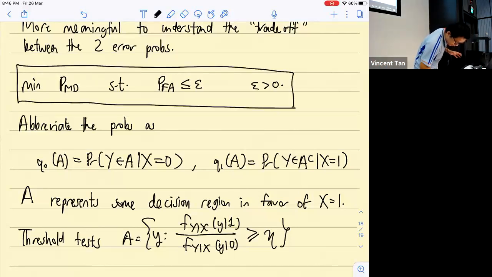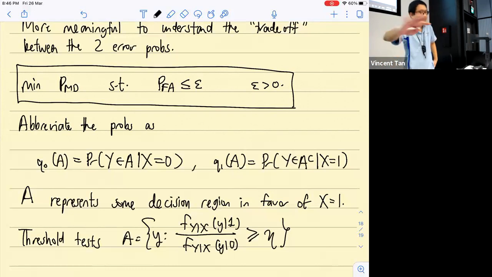Do you think that this A rule is optimal in any sense? This will be the subject of what we talk about next time. I just want to give you a start. Next time I'll repeat this last part, and then I will show an interesting theorem concerning the optimality of this threshold test for the Neyman-Pearson setting, which is this particular setting.